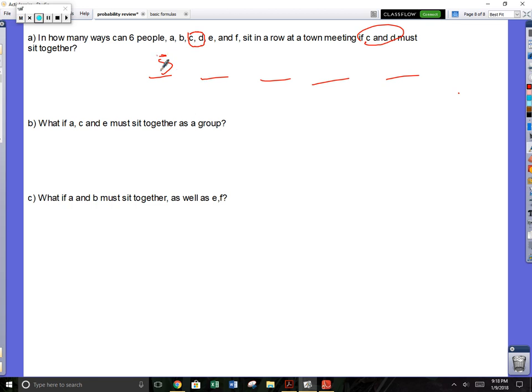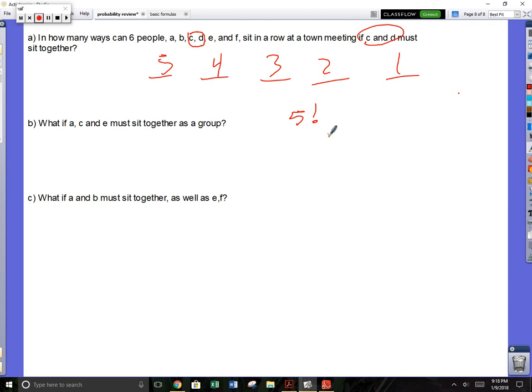Then if I've locked someone in that first seat, there's only 4 choices, then 3 choices, then 2 choices, then 1 choice. So that is 5 factorial. 5 times 4 times 3, whatever that is, different arrangements.